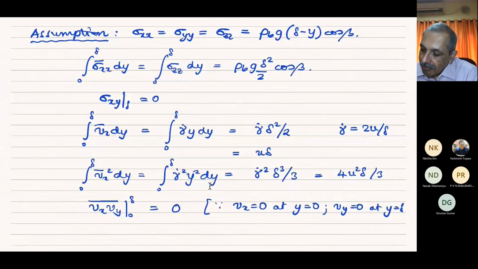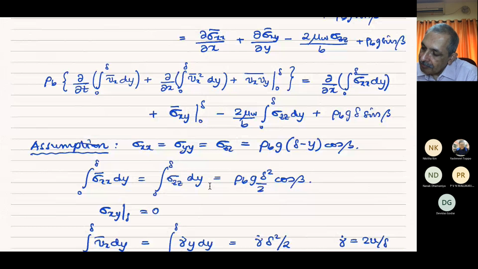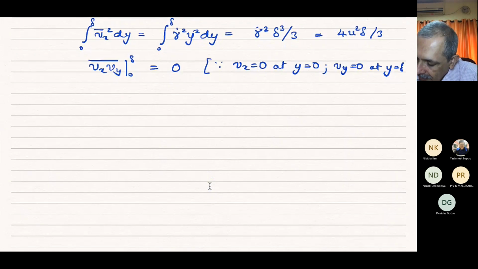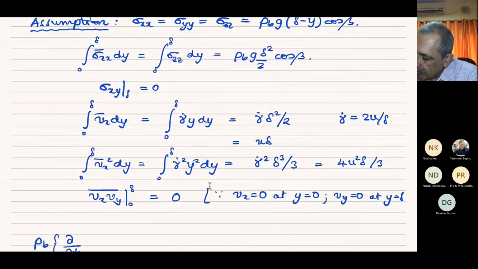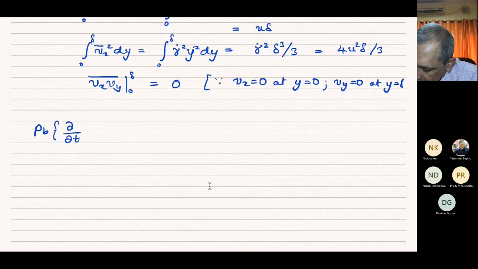So now we can put everything in, we know every term in here, and we can now simplify this. What you will get is rho b del by del t of the first term, which we have already found out is nothing but u delta.